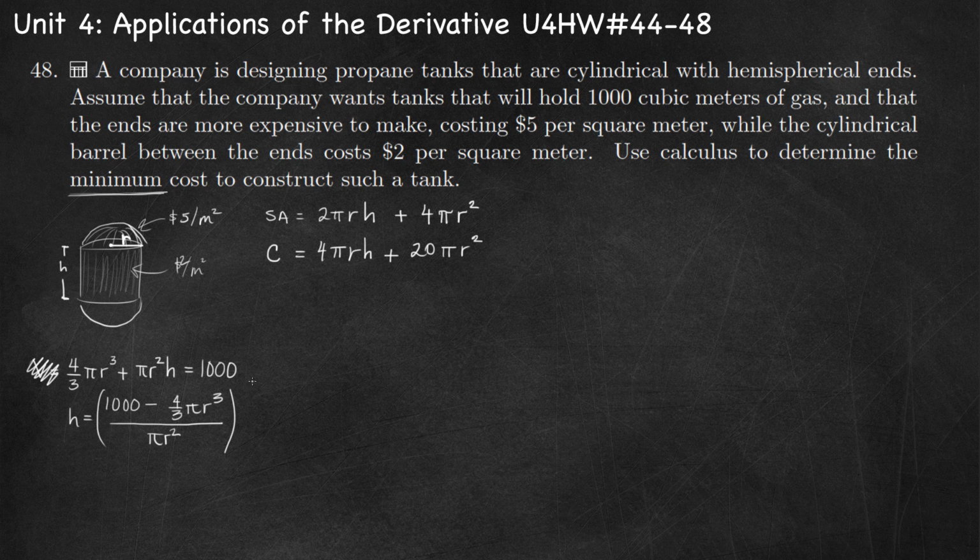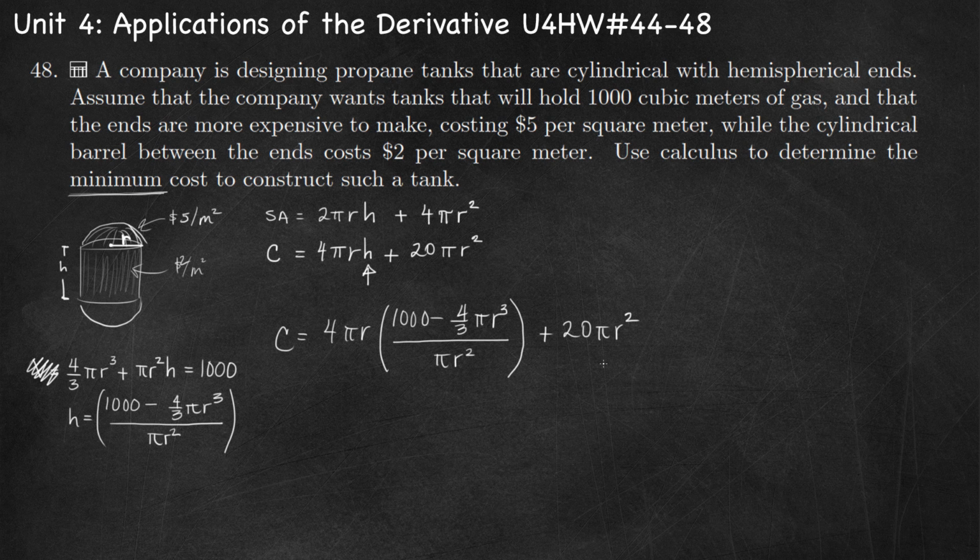And we can now substitute that in for the h in our cost equation. So cost is 4 pi r times (1,000 minus 4/3 pi r cubed) over pi r squared, plus 20 pi r squared. Now we have an equation in terms of r.